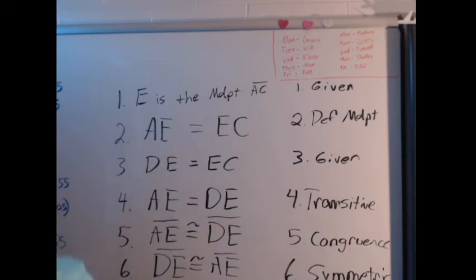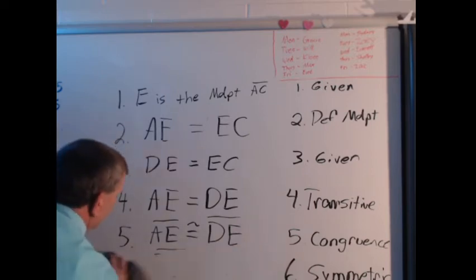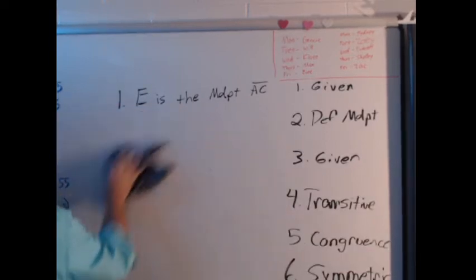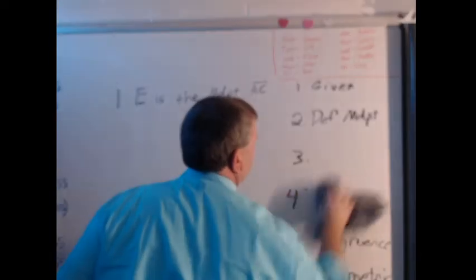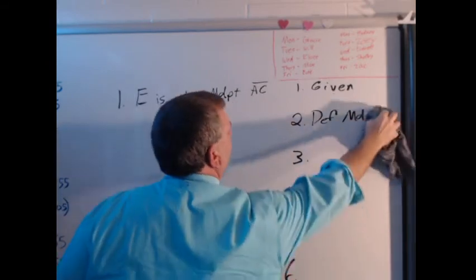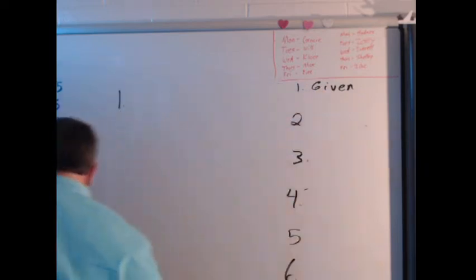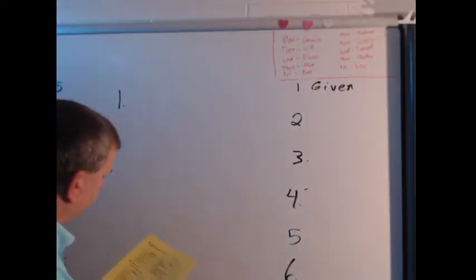Okay, so that's number 1. Now on to problem 2. Again, we're on pages 22 and 23. There's no point in erasing this top line right here on the reasons, because I always know that the first one is given.